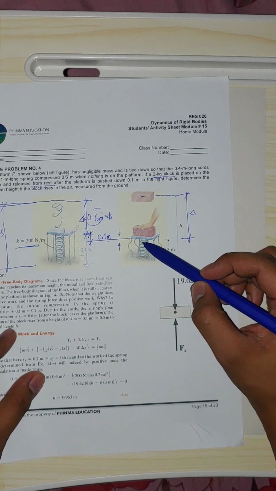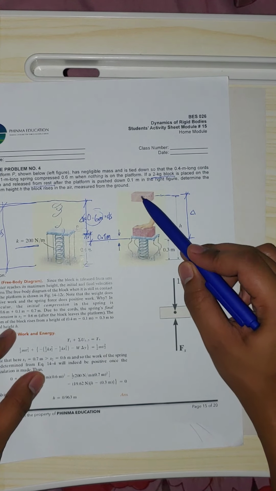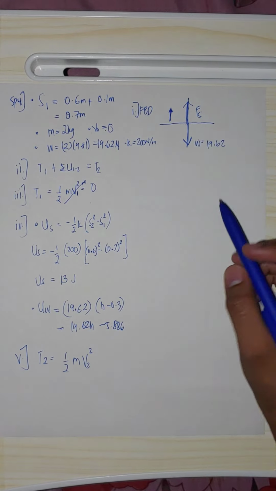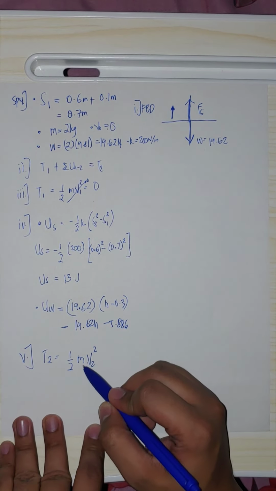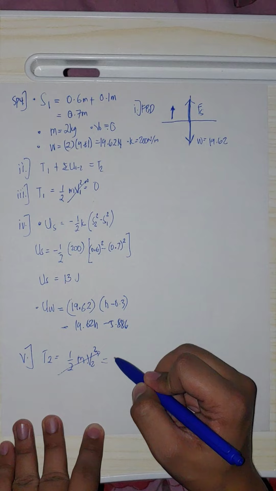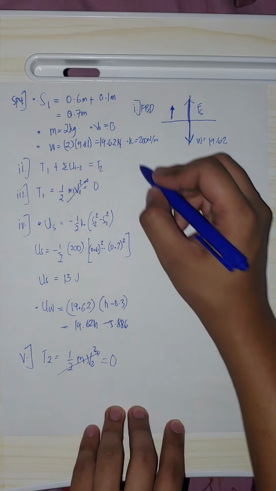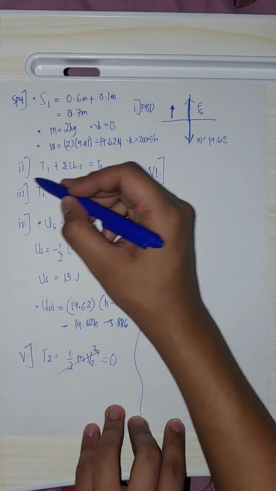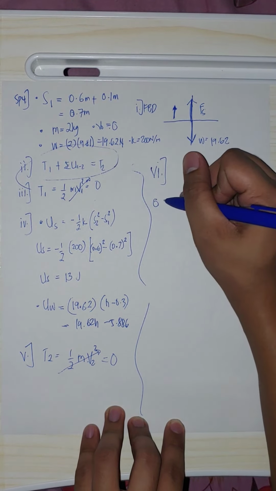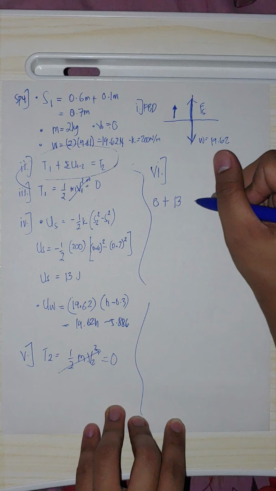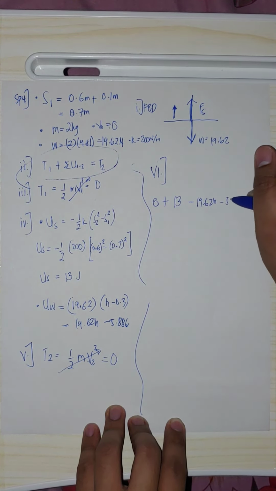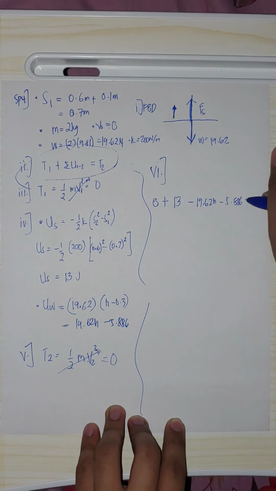When the block is thrown upward, its velocity becomes 0, and that will be the maximum height. Since the final velocity is 0, the final kinetic energy is 0. So substituting these values in this equation, we have 0 plus 13 joules minus 19.62 H minus 5.886 is equal to 0.